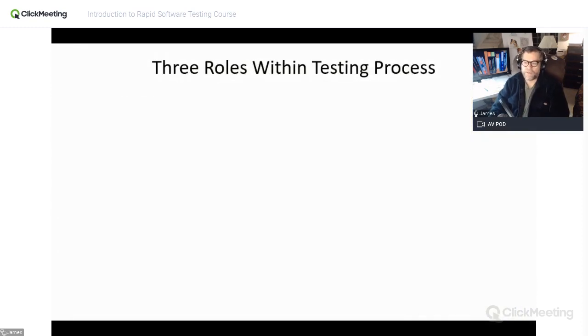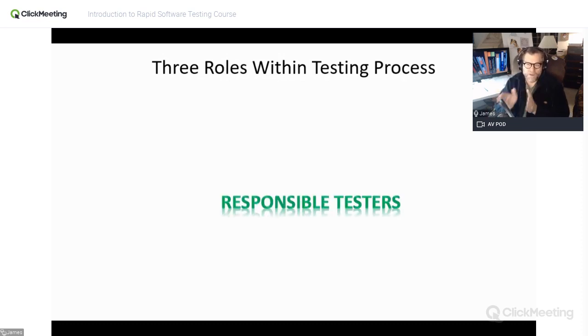Within rapid software testing methodology, there are 3 roles. The role we focus on in most of our classes is the responsible tester role. That's a special title, responsible tester. That title exists within rapid software testing, not really outside of it.